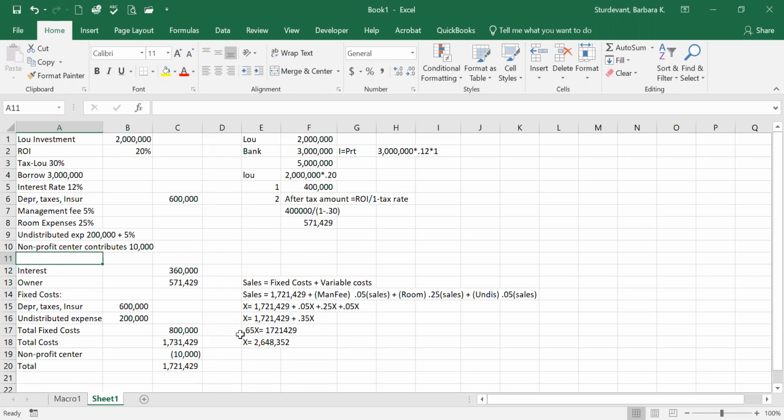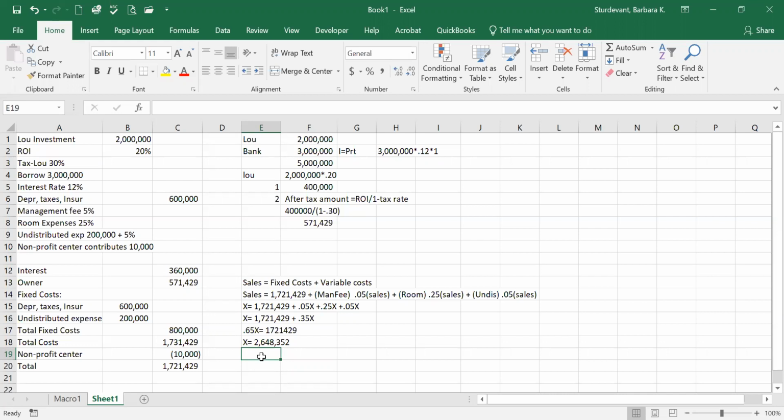So 1 minus the 0.35 gives me 0.65. These 2 are multiplied. So I got to again do the opposite. I'm going to divide. So I divide both sides by 0.65. This becomes a 1. This divided by 0.65 becomes this. And that is the amount of our sales. Questions? All right, so that's our total sales.